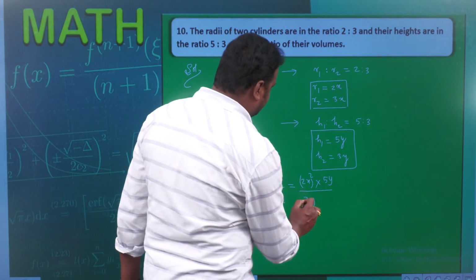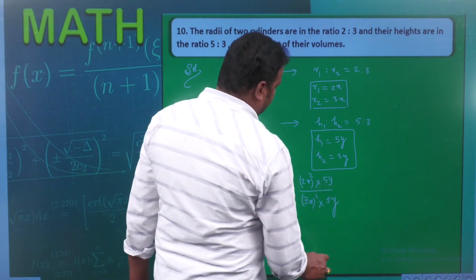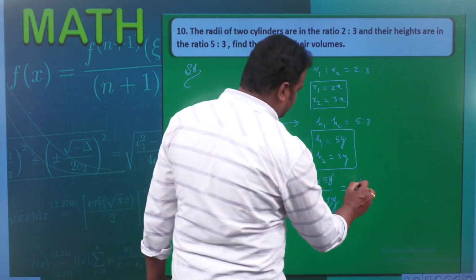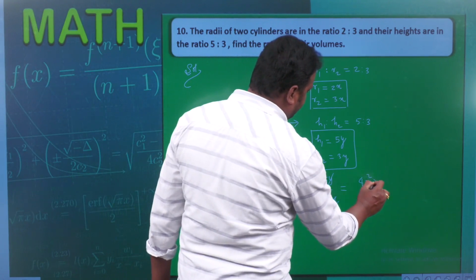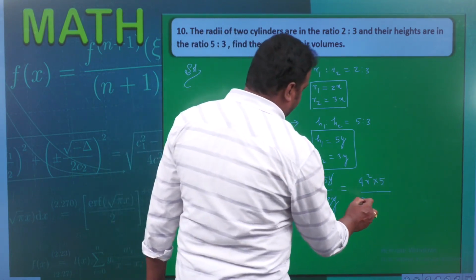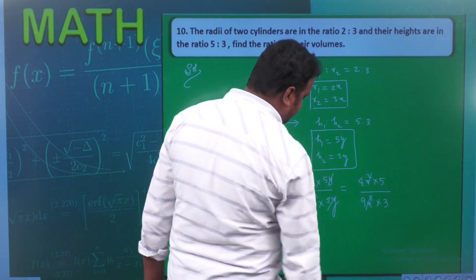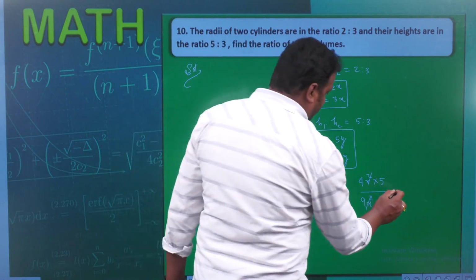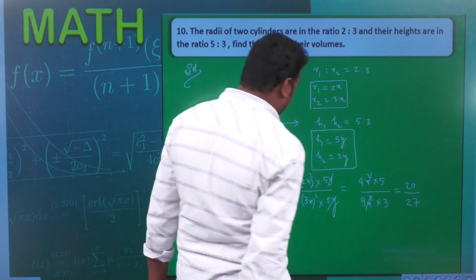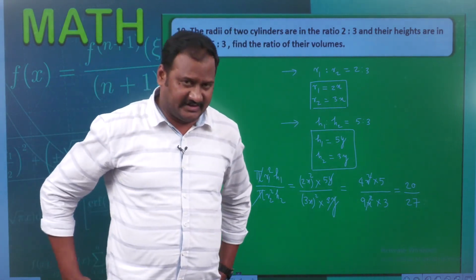So 3x whole square into H2 is equal to 3y. So can we cancel y and y? Which is equal to 2x whole square is equal to 4x square multiplied by 5 divided by 3x whole square is equal to 9x square multiplied by 3. Again x square cancel. Therefore 4 5s are 20 divided by 9 3s are 27. The ratio between their volumes is going to be 20:27.